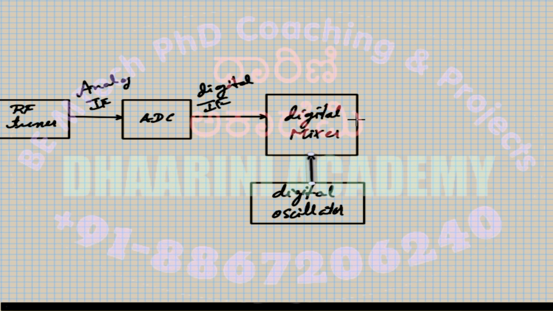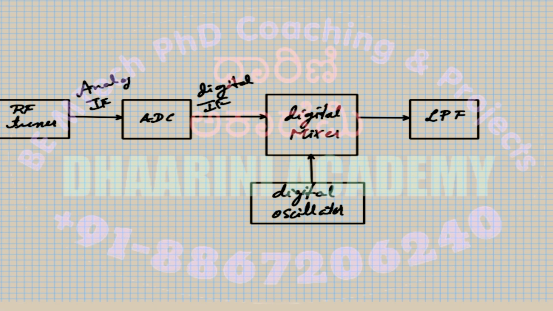Normally we don't want that, so we have to eliminate that component. The high frequency component needs to be eliminated by using a low pass filter. Again, this will be a digital low pass filter, since we are in the digital domain. You can design it using FIR, IIR, whatever. Doesn't matter.